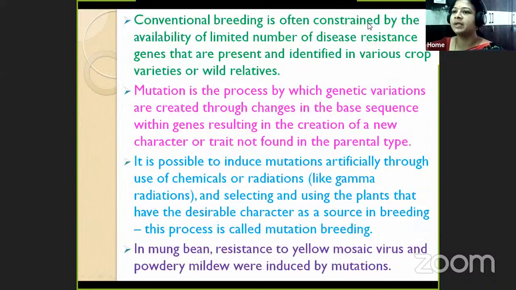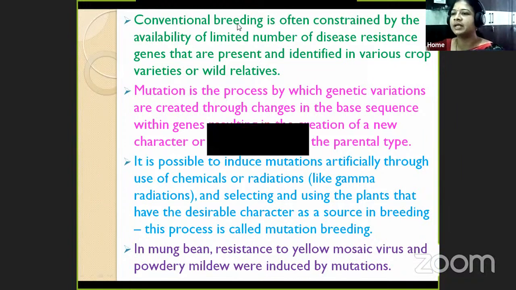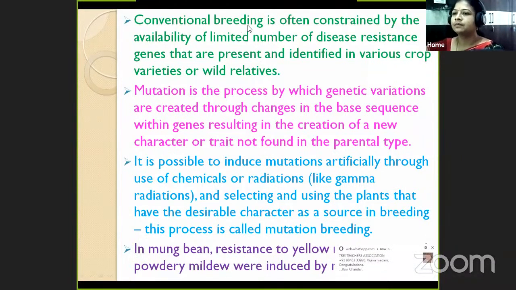This conventional breeding is often constrained by the availability of a limited number of disease-resistant genes. So the major drawback of conventional breeding is that disease-resistant genes are available in limited number, those present and identified in various crop varieties or wild varieties.